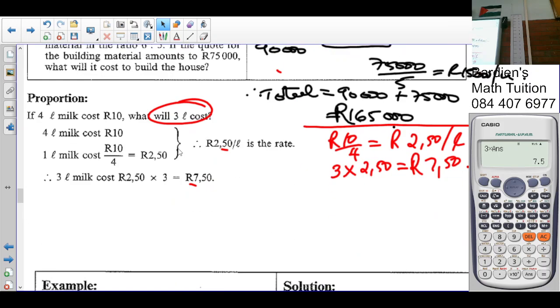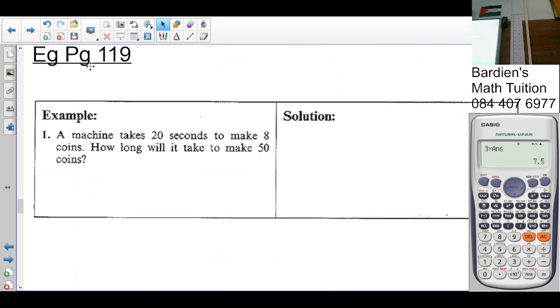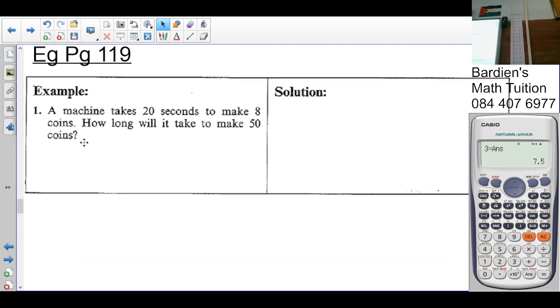Let's do another one like this quickly. So here we are told a machine takes 20 seconds to make 8 coins. How long will it take to make 50 coins?